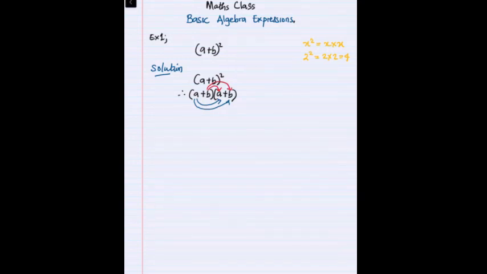Now let's go. a times a will be a squared, plus a times b will be ab. Now b times a should be ba, correct? Let me write it here, ba.